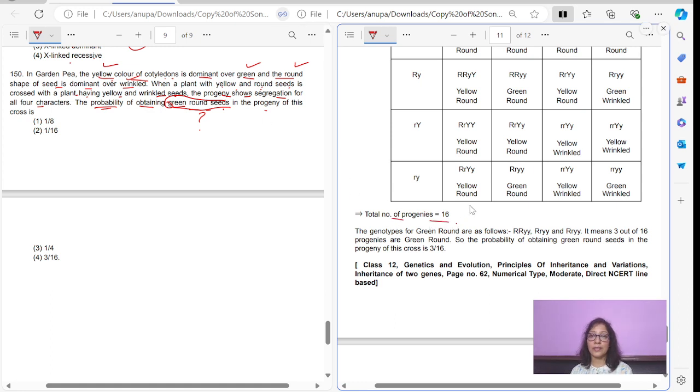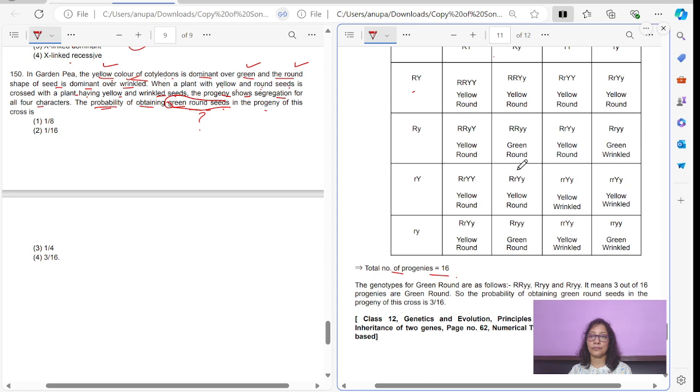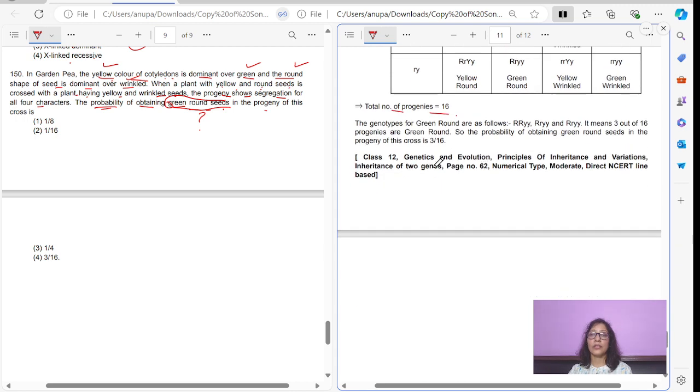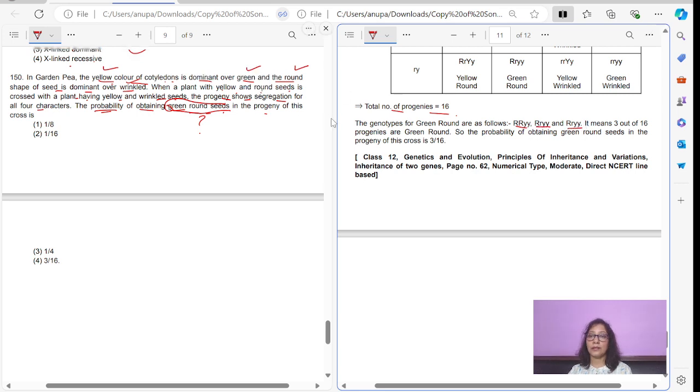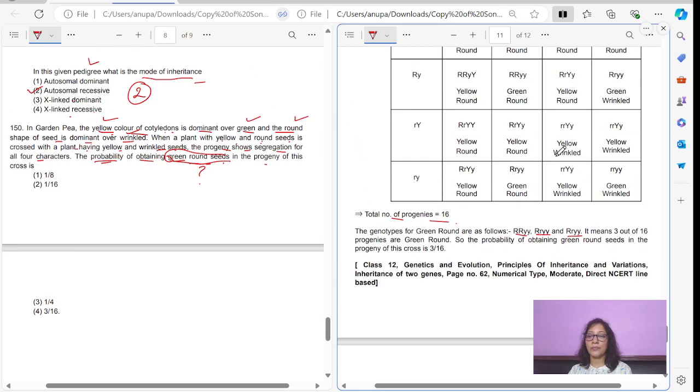And for green rounds, here we will find 1, 2 and 3. Only 3. Here you can see this one is a green round.